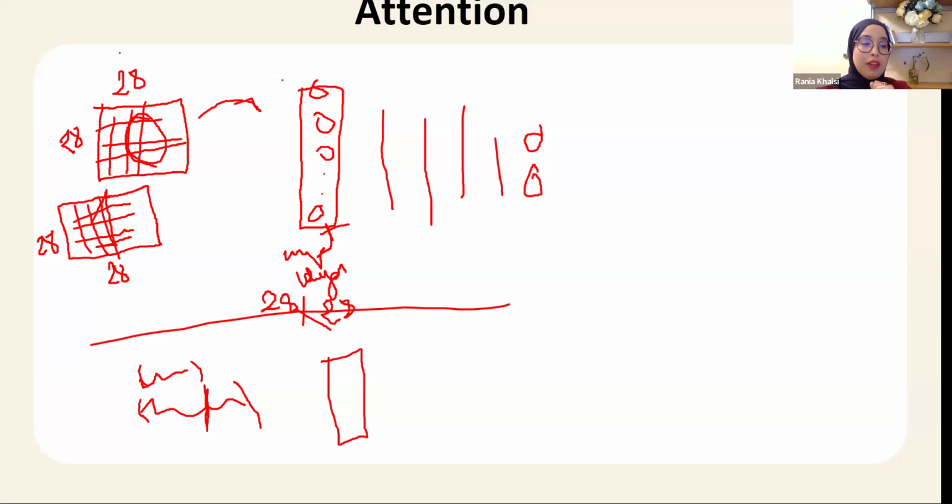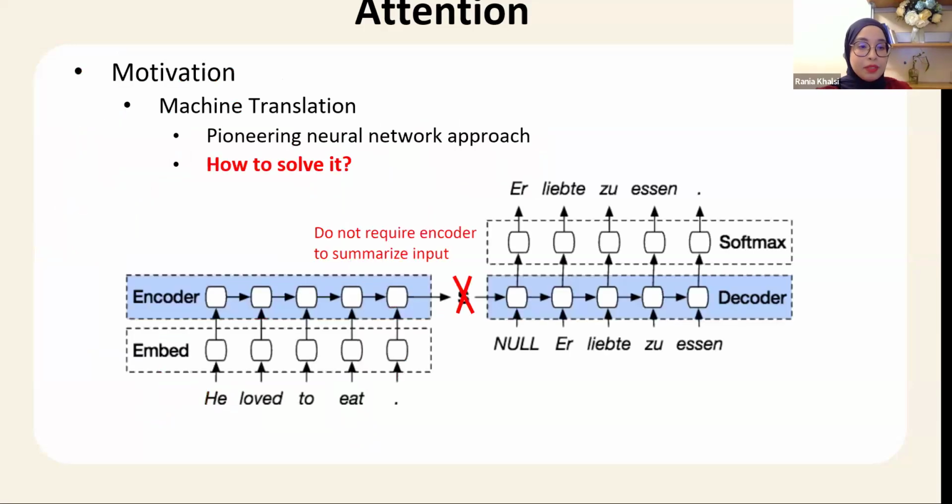Now we have a problem, and the problem is clear. The problem is due to this fixed size vector. And now we know that the problem is here.